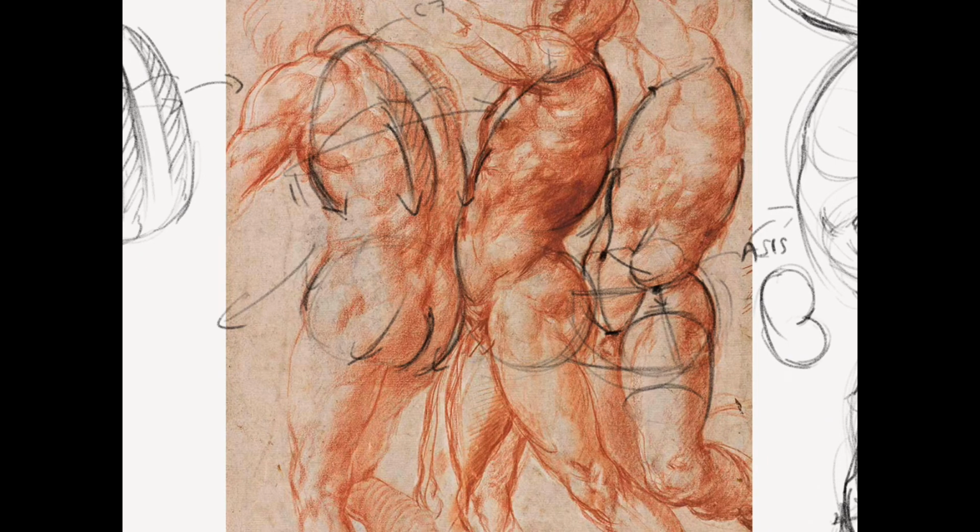Let's take a look at the arm up here with this shoulder blade coming out, the cylinder of the arm, and the deltoid coming this way. There's an overlap. And then the armpit, the all-important armpit, I think.